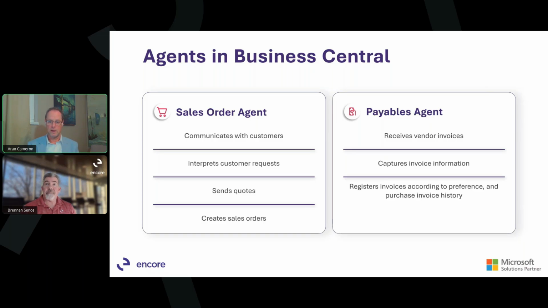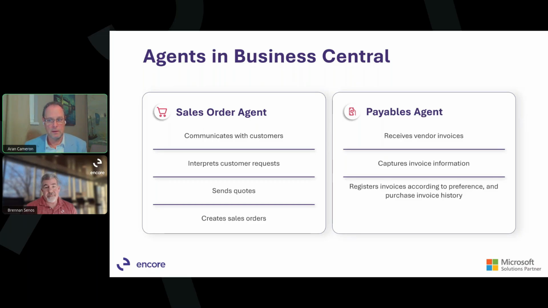On the payables agent side, it effectively is receiving invoices that are emailed to it from vendors. It captures by reading that invoice the information on screen, and then it registers those invoices within Business Central for ultimately posting into the subledger.